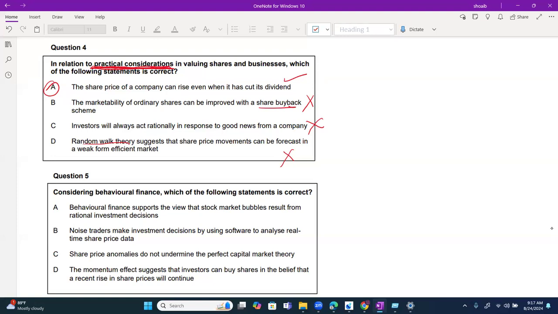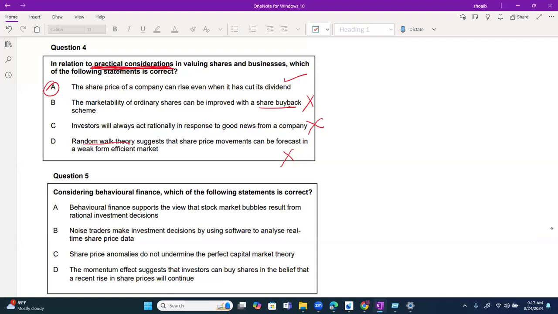If the company is increasing the dividend, and on the other side the company is not investing, your wealth will remain the same. So according to MM, whether you increase or decrease dividend, it will not affect the market value.